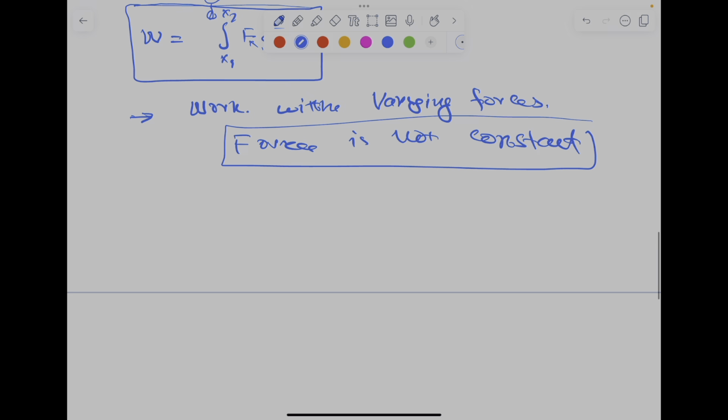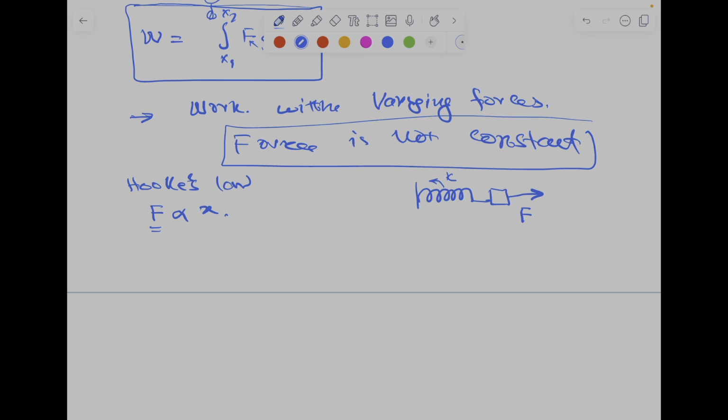For example, in the case of a spring attached to a mass, you apply a force F, and it's not constant, then you can find the work. When you have a spring, it has a spring constant, and the force is directly proportional to the displacement. This law is known as Hooke's law.